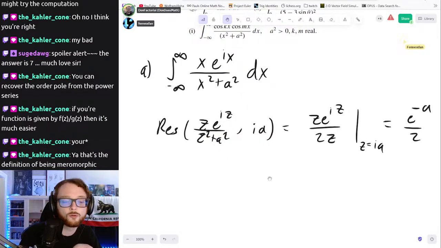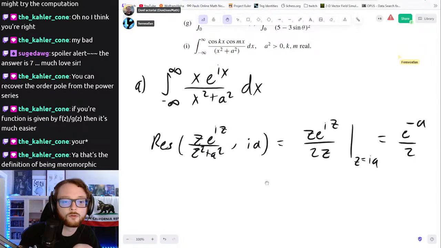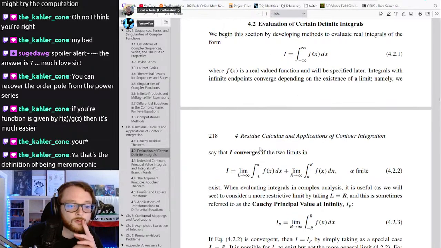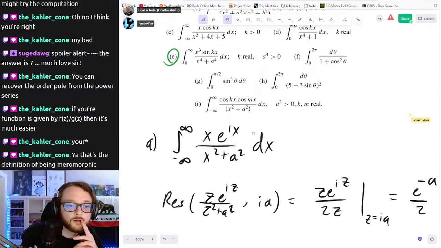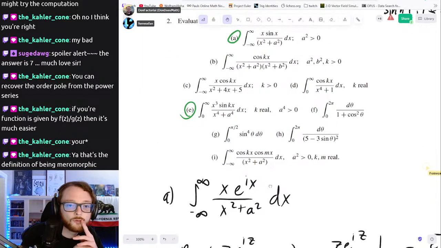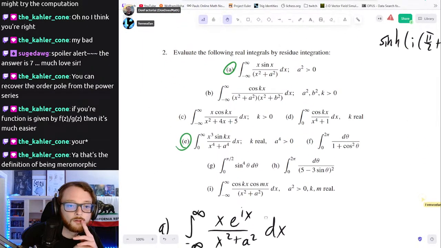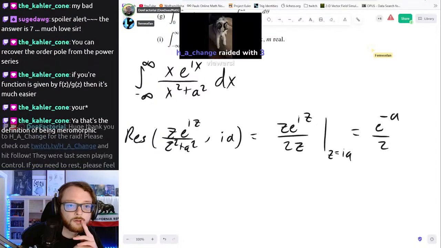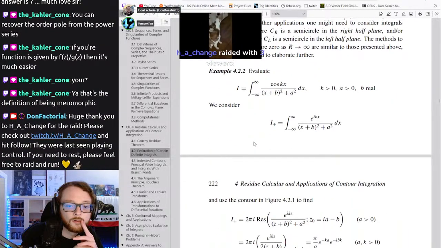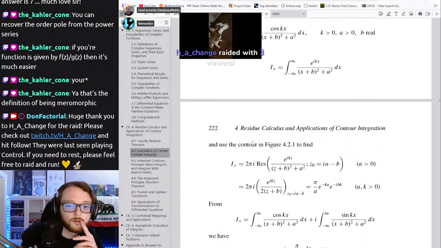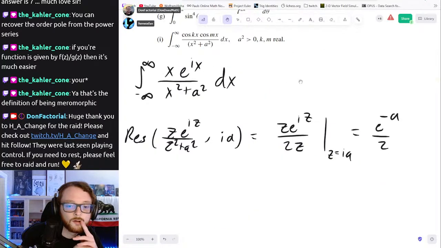That's the residue, and that's the only pole we had that we enclosed. And we said we have sine, that would go with the imaginary part. Wait, 2 pi i times this residue we need now. Oh, true. Yeah.